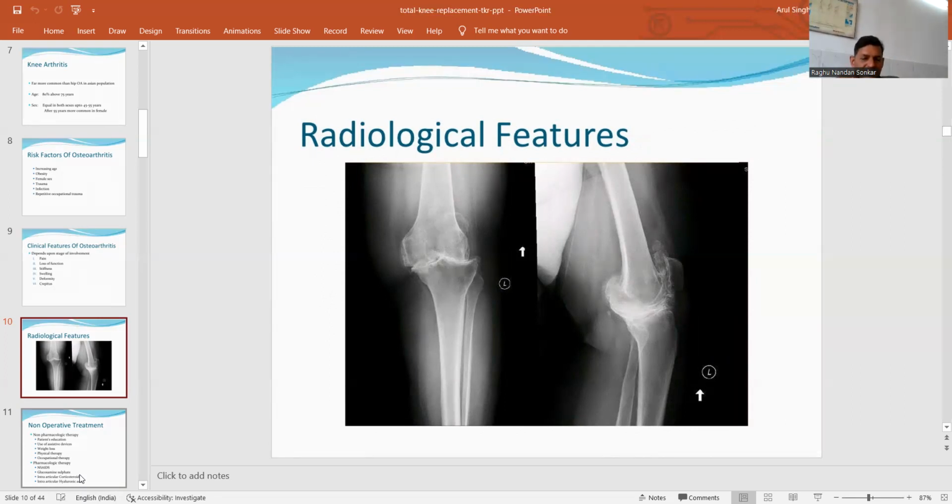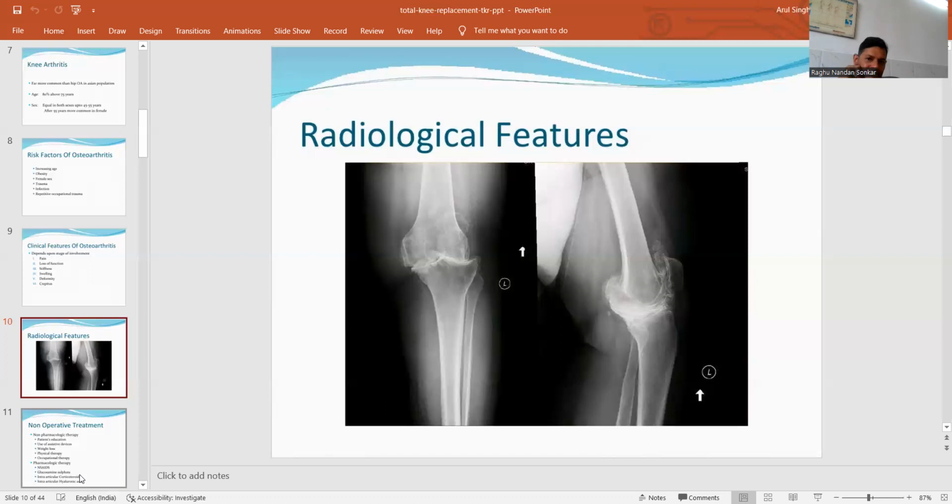So you can see in the X-ray a reduced gap between femur and tibia. In the lateral picture, patellofemoral arthritis is seen, with no gap between the femur and tibia.